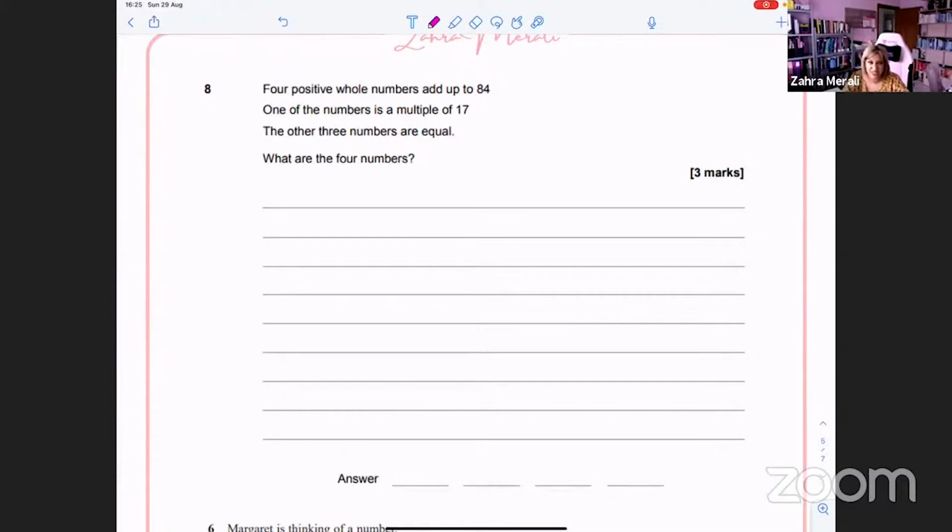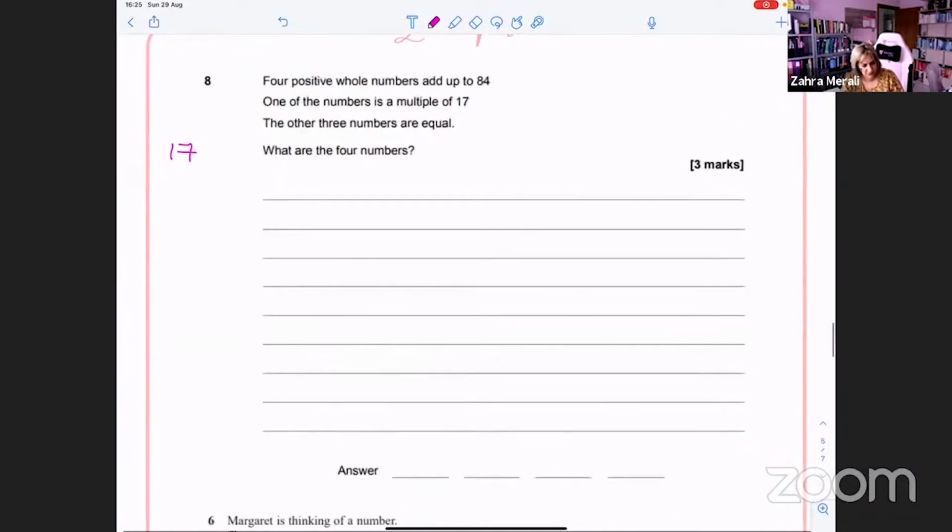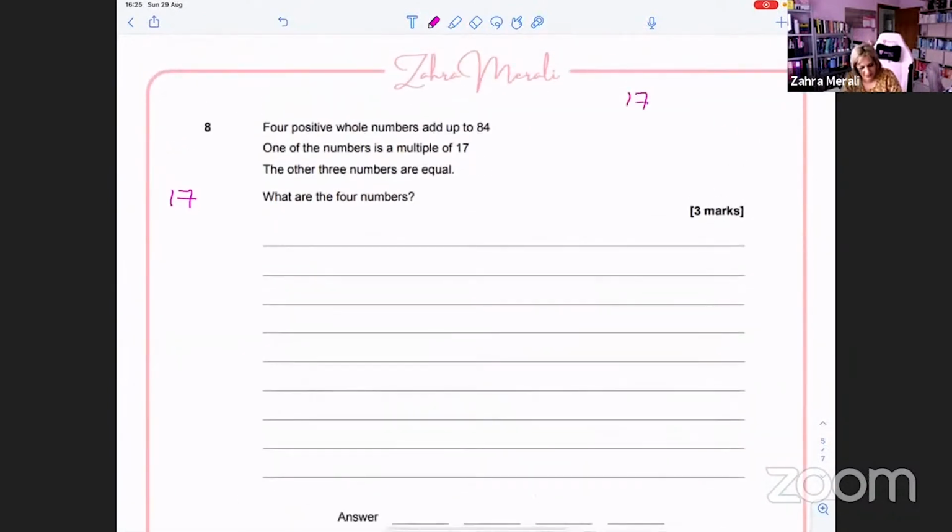One of the numbers is a multiple of 17, all right? So let's think, what does multiple of 17 mean? It means something in the 17 times table. So 17 times 1 is 17. 17 times 2 would be 17 plus 17. Or we could do the doubling trick.